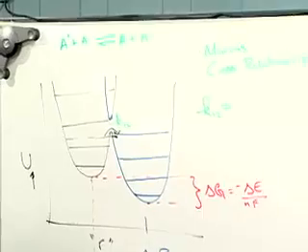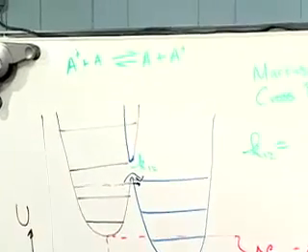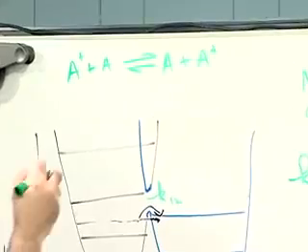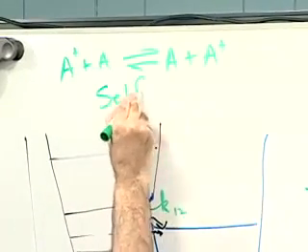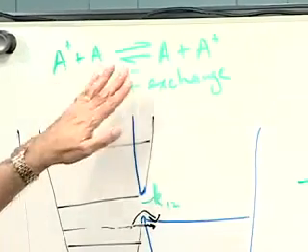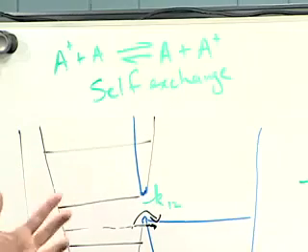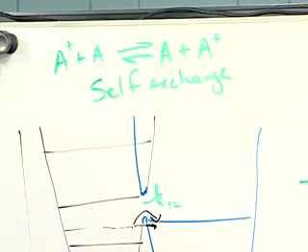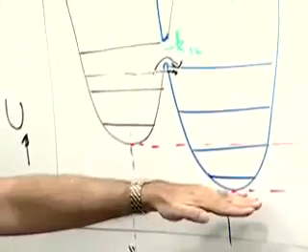No net chemical change, kind of boring from the point of view of a synthetic chemist, but a perfectly legitimate reaction. And if we did that, of course, there'd be a delta G equal to 0, because we haven't changed the chemical composition of this system. And so all that's going to do is drop these parabolas down so they're at the same energy. Otherwise, everything stays the same here.